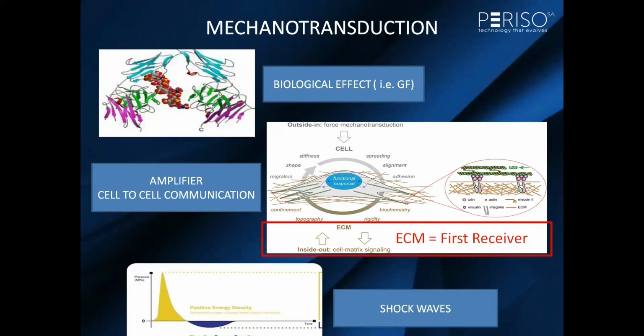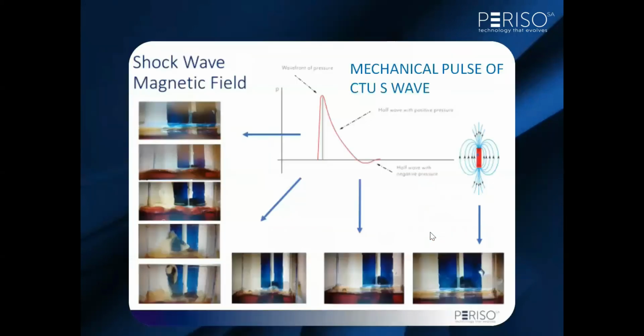Because we can better interact with the first receiver, the extracellular matrix. It's a pure mechanical shock wave, as we can see from the start of the impulse.